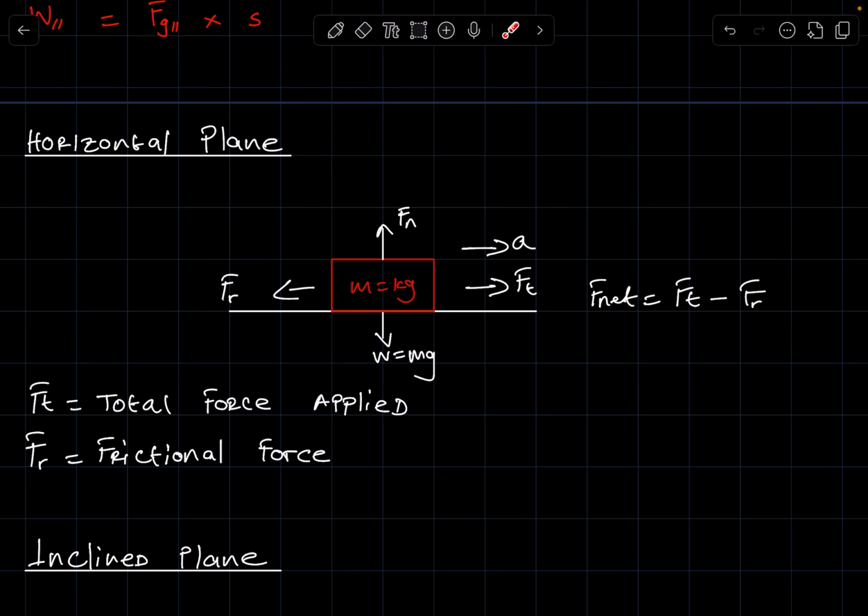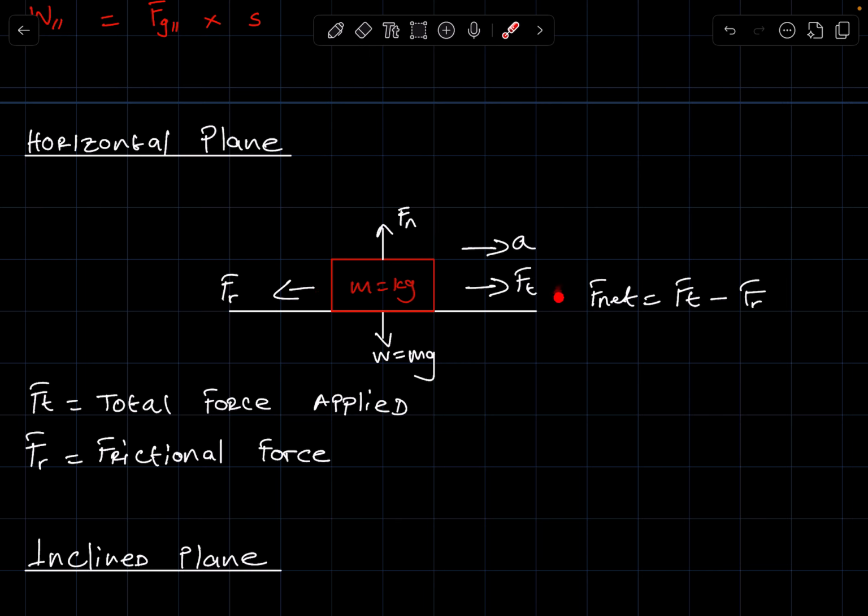So if you have this scenario where you have a total force applied and the object moves in the same direction as the total force applied, the direction of acceleration will be this one, and the direction of the frictional force opposing motion will be this one.